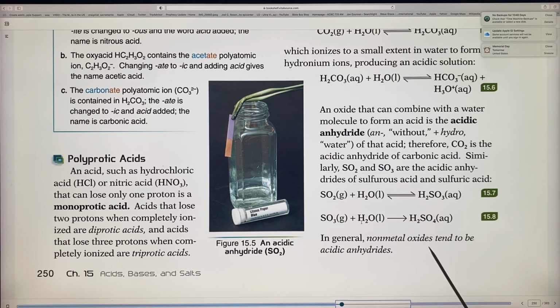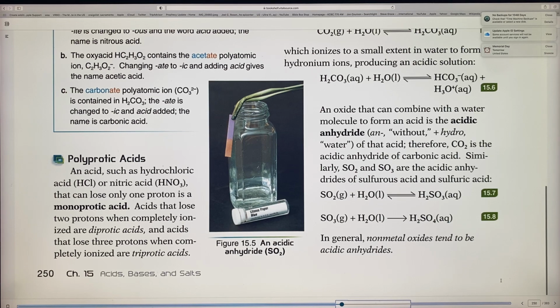In general, non-metal oxides tend to be acidic anhydrides. So just knowing the name, anhydride has to do with oxides combining with water to form acids. Here's an example of an acidic anhydride, sulfur dioxide, which we just went over. Carbonic acid, just think it has to do with oxygen combining with water.